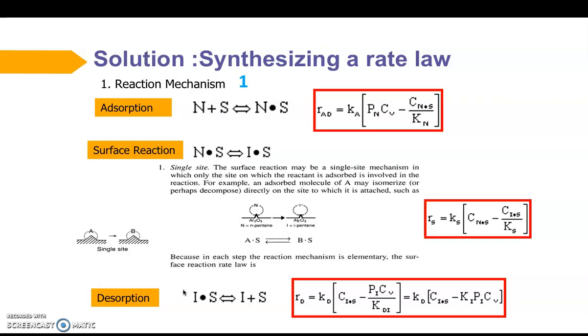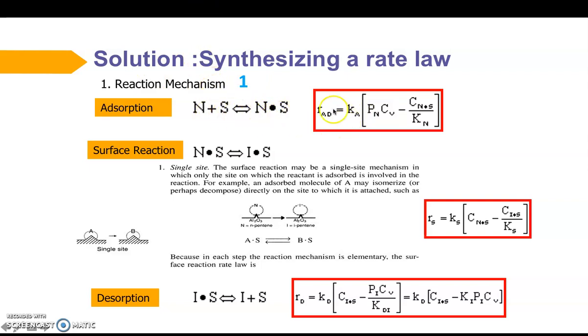So for this absorption part of N producing I-pentene, it is similar to the reaction that we had just now, the carbon monoxide, or reactant A producing B. So N plus S is N dot S.